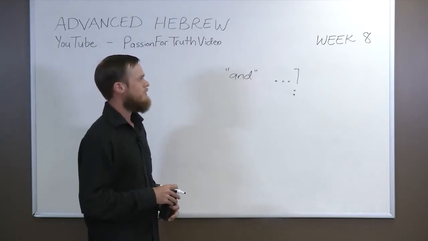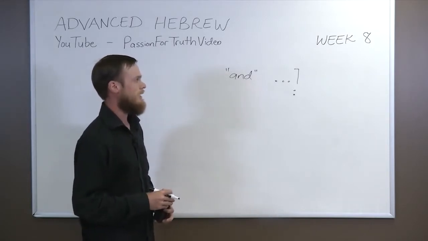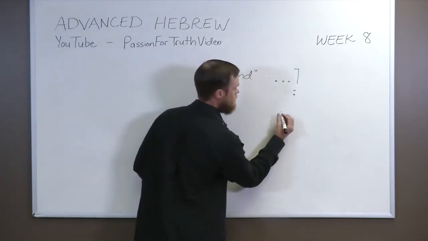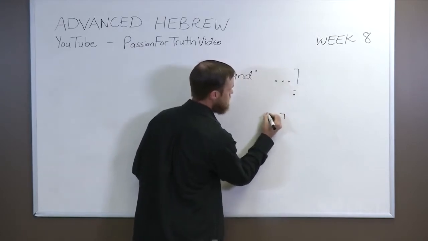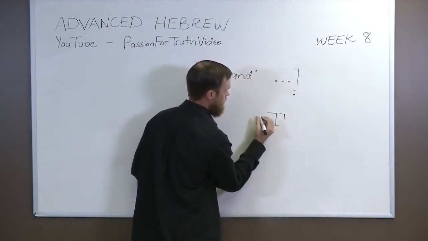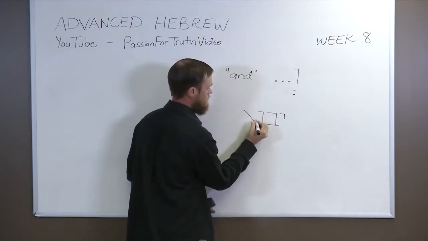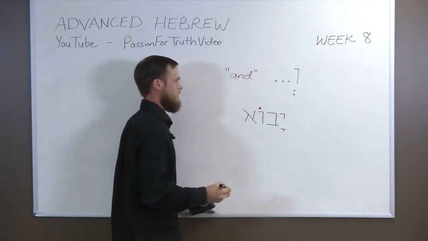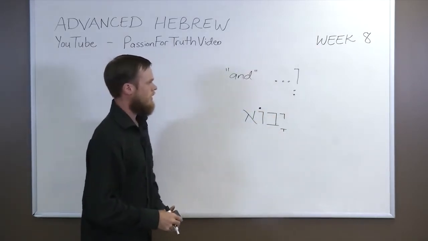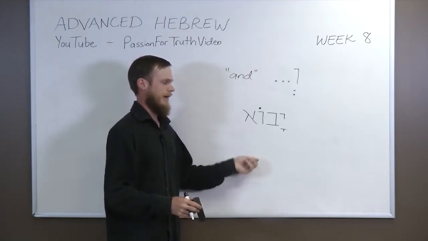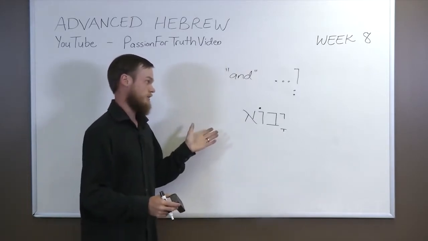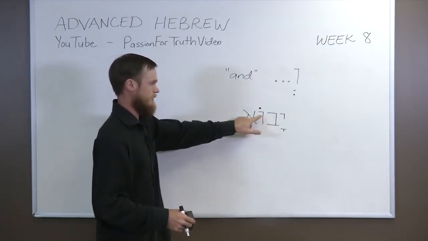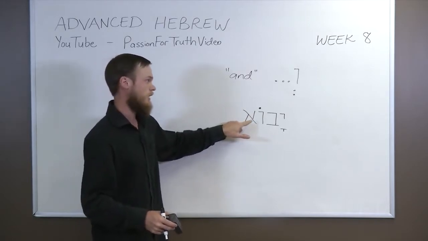So, for a future tense verb, let's just say, he will come. He will come is yavo. That's our third person, masculine, singular, future tense in the pa'al. Our root is beit vav aleph, means to come.